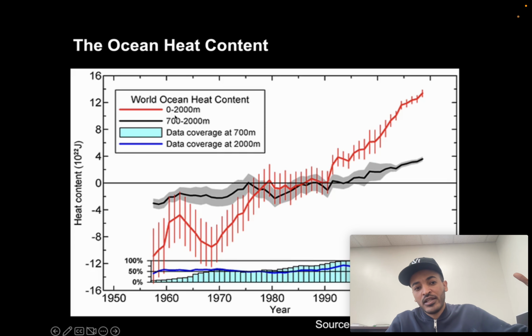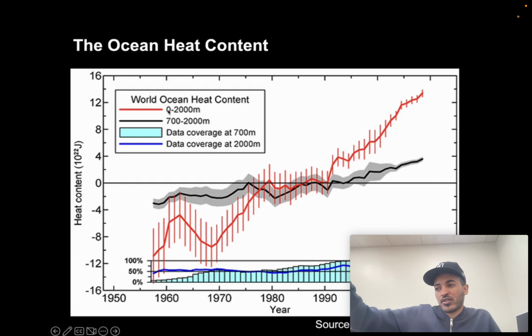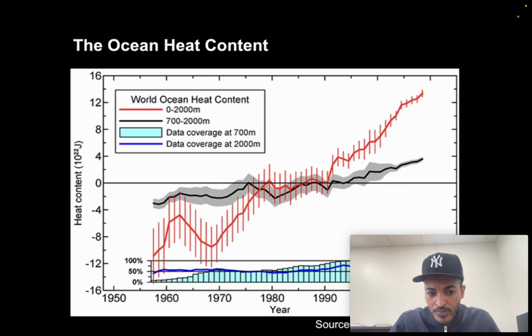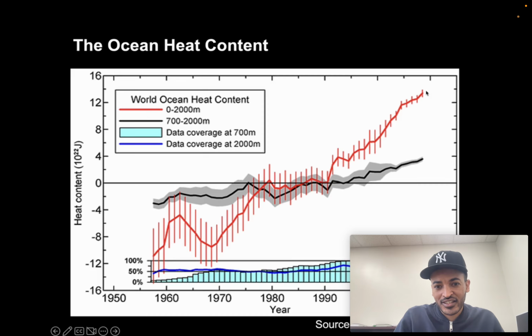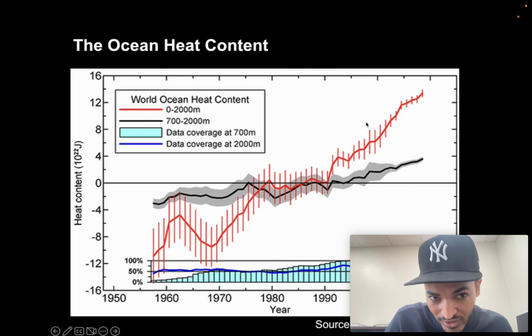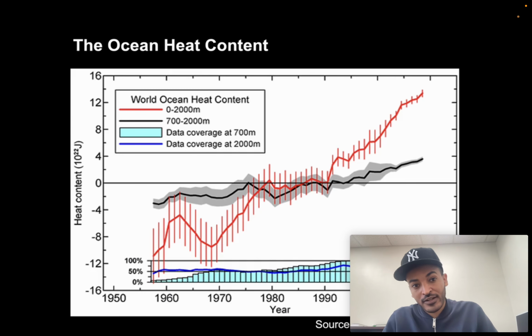If we're looking at the mean changes in heat content for 0 to 2,000 meters of the ocean, then what we see is a significant positive trend, right? This has an important implication for climate, right?